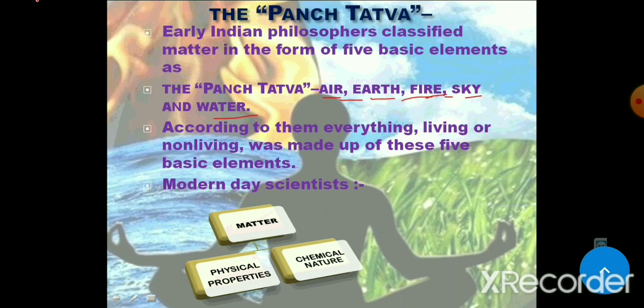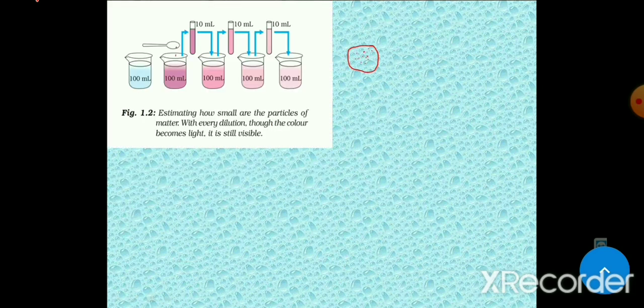We also came to know that matter is particulate and performed an experiment with potassium permanganate crystal. There we took a glass of water and dissolved the potassium permanganate crystal and took some amount of solution to the next beaker and repeated this process, and in the last beaker also we saw that some extent of potassium permanganate is present. From this we can infer that matter is particulate.